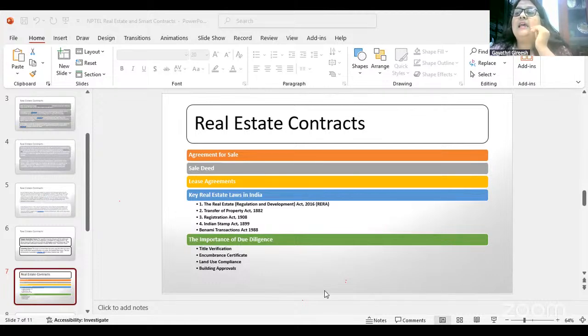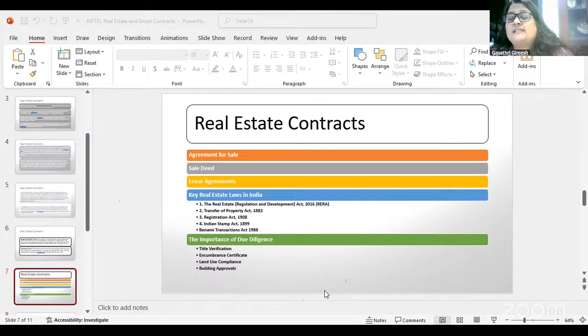EC is the document which says whether your property has been mortgaged, or whether your property is a grant property, or whether your property has been set on lease to anybody who is not a prospective buyer. So when your EC is clear of such mortgage or such things, you can understand that your title is a legal and valid title.